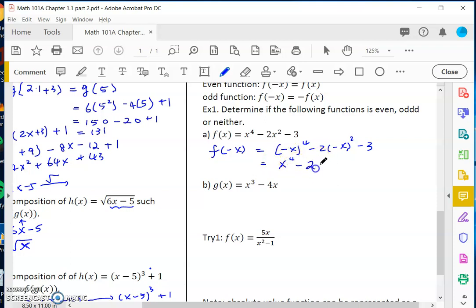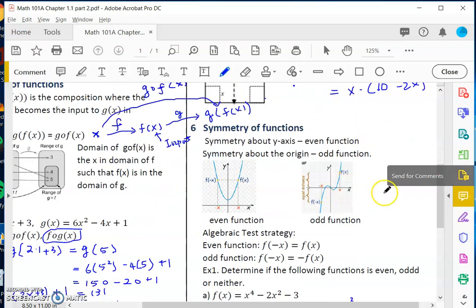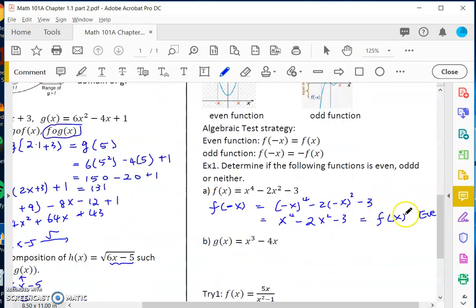And minus 2, this is also an even power, x squared, minus 3. So is this exactly f of x? Oh, this is exactly the same as f of x. So f of negative x is exactly the same as f of x. So that's even. That means it is an even function. I call this function an even function.